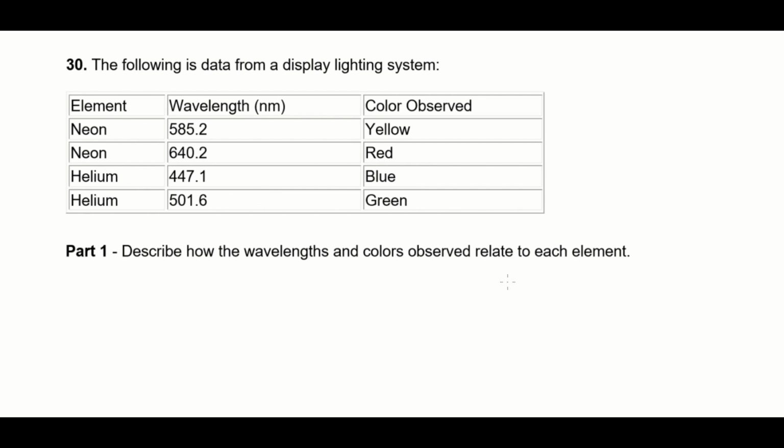All right, so how are these wavelengths related to each element? It's because the electrons are transitioning.